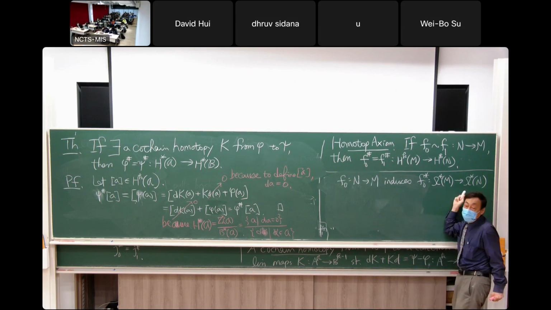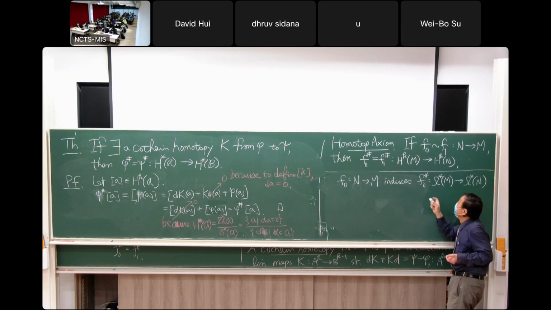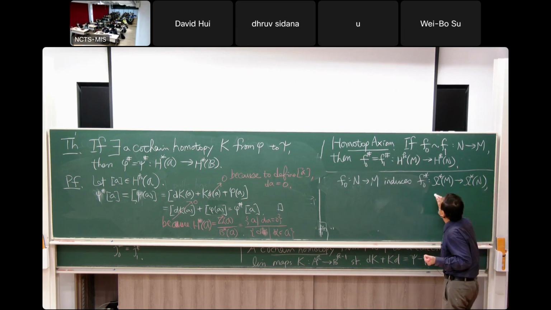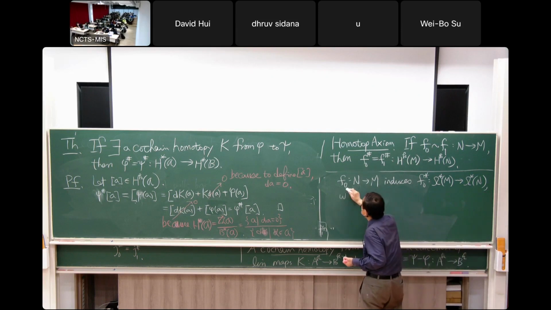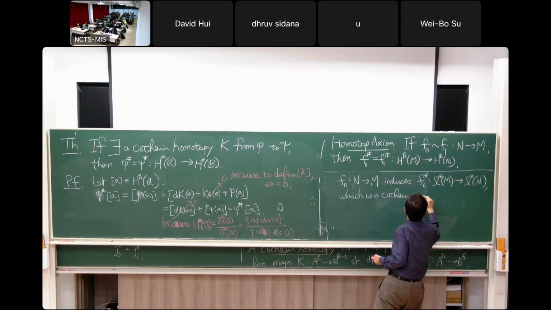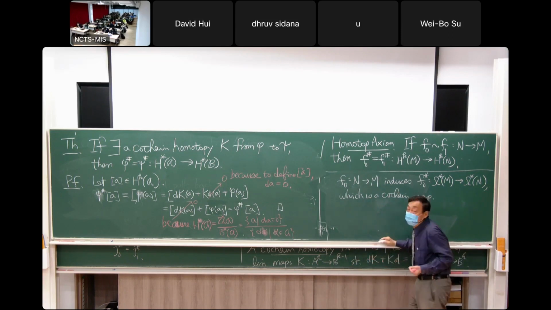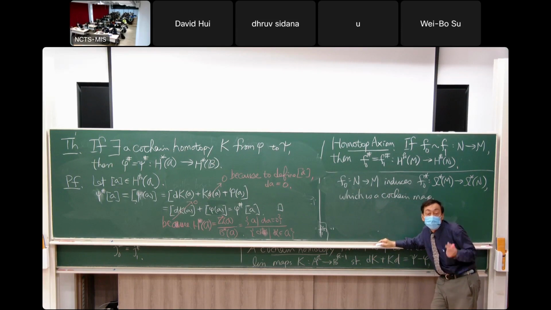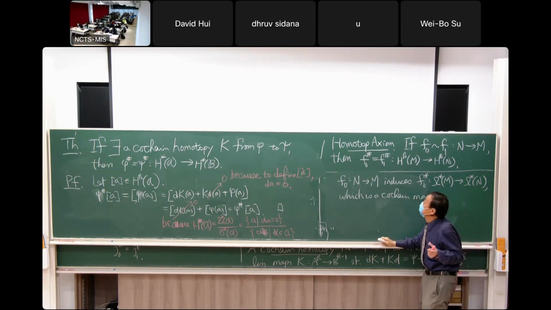These forms form a differential complex with the exterior derivative D. And because F star commutes with D, it's a co-chain map. And the same with F1. So you've got two co-chain maps, and you want to show that the induced maps in cohomology are equal.